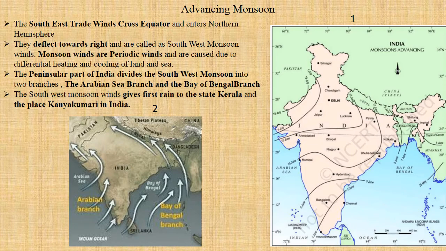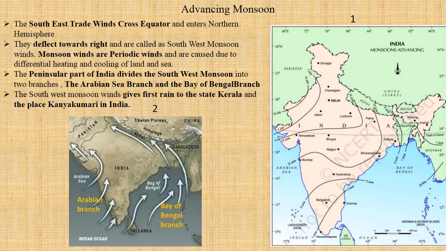In summer, due to intense heat, the water of the surrounding water bodies, that is the Arabian Sea, Bay of Bengal and Indian Ocean, gets evaporated on a high scale. So the southwest monsoon winds are able to pick up the moisture from these water bodies and move over the landmass of India.